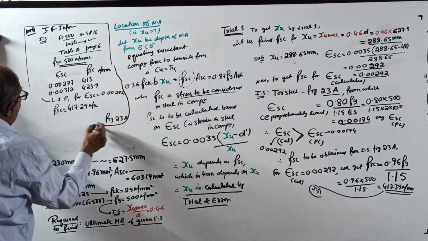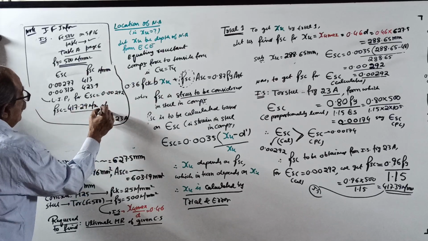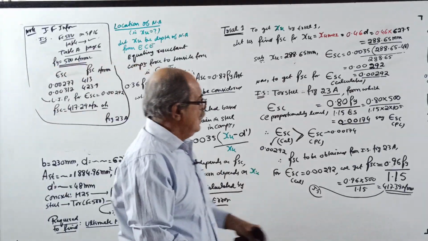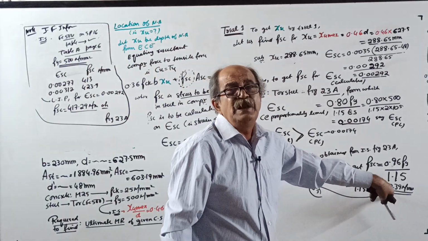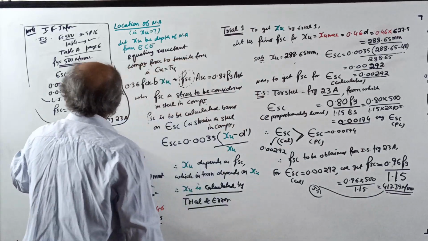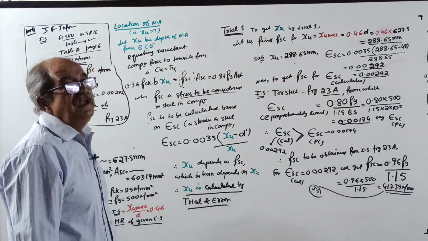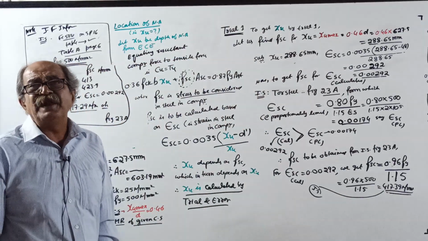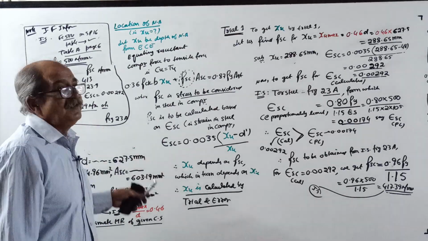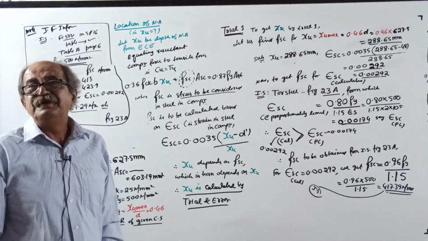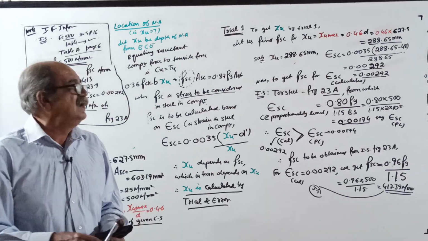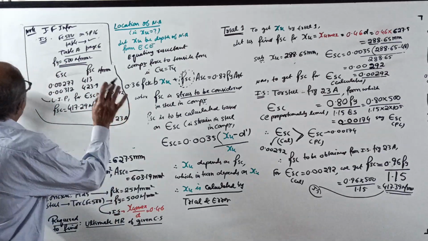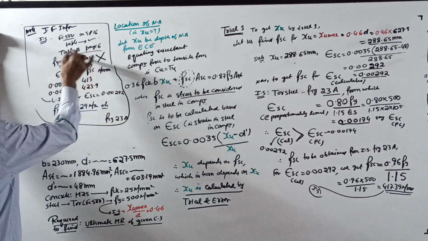Write a note here. It is almost the same as what we got: 417.39 versus 417.29. Like in Indian currency, a 10 paisa difference in 400 odd rupees, 418 rupees, nobody will bother. Therefore, over. From now onwards, I will not use SP16.